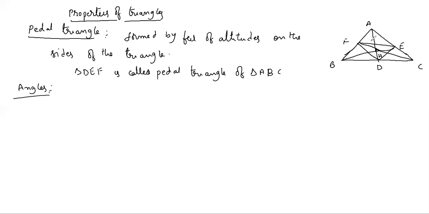Consider H, D, C, E. Angle HDC is 90 degrees because the altitude is perpendicular to the side BC.